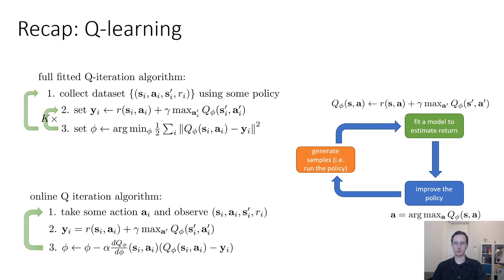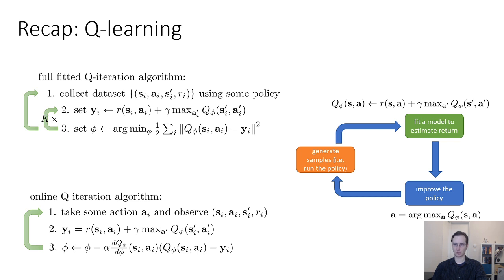Then in step two, for each transition in our dataset, and when I say transition, I mean Si, Ai, Si prime, and Ri tuples, we calculate what we call the target, which I'm denoting as Yi, which is equal to the current reward plus gamma times the max over the actions at the next time step. And we learned that this max is what allows us to make this algorithm off policy.